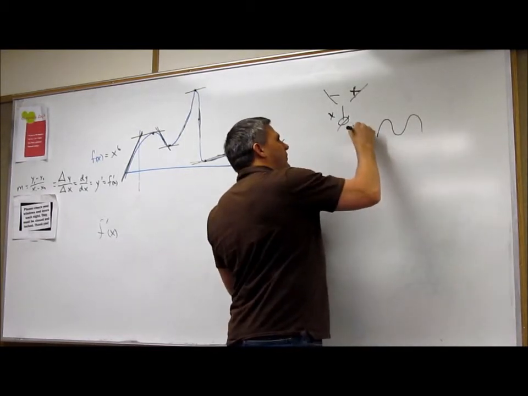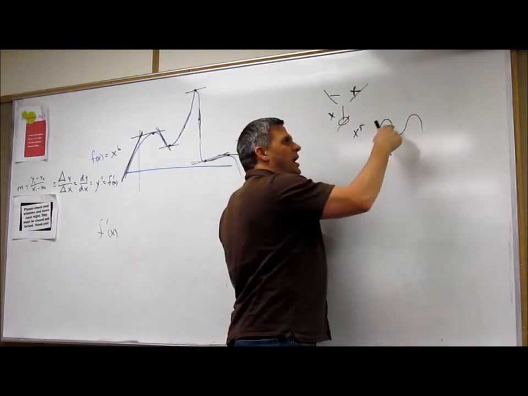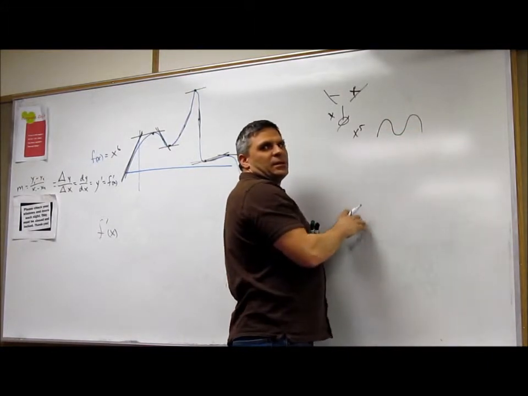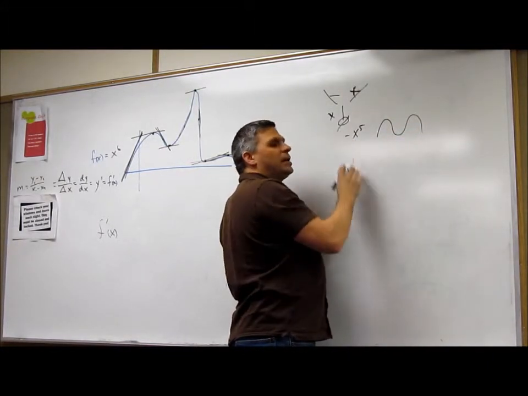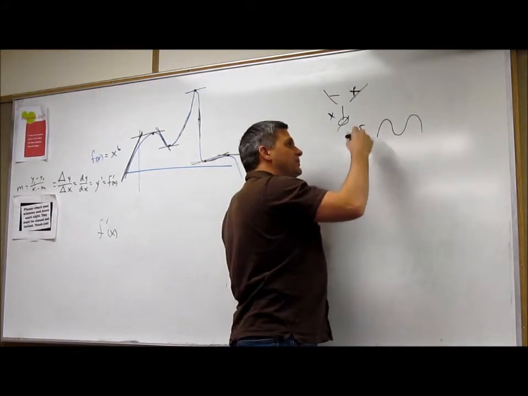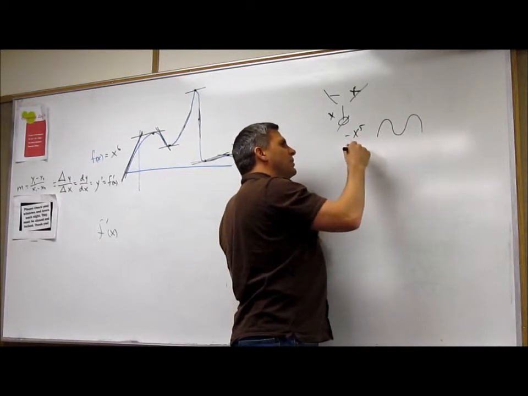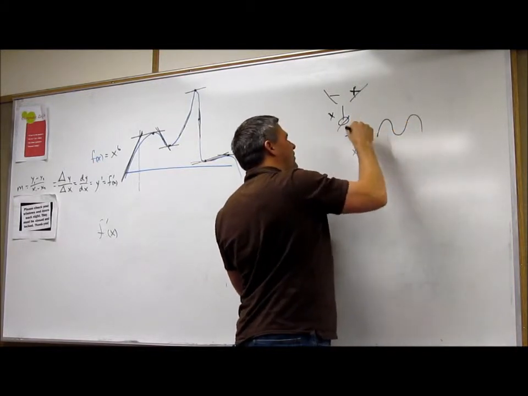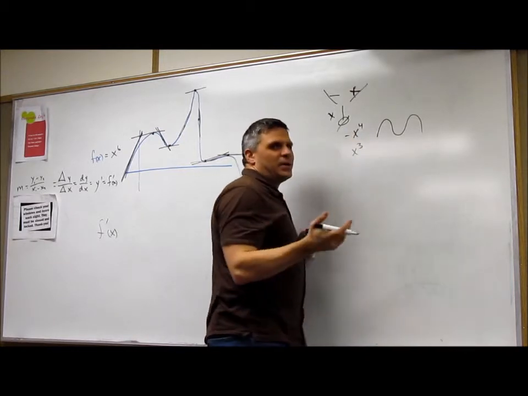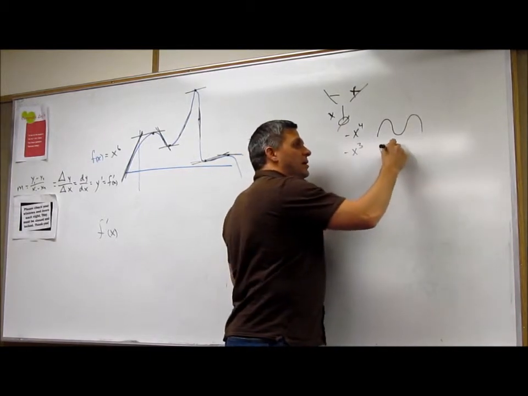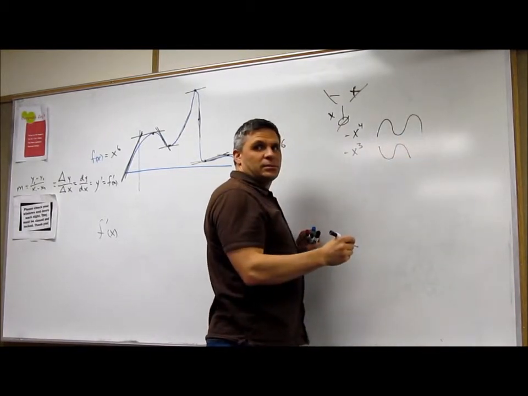Then it was really x to the 5th, but it ended up frowning, and so it was negative. And then the x to the 4th is one more, so it's negative. So x to the 3rd is going to be still negative, but it looks like this, right?